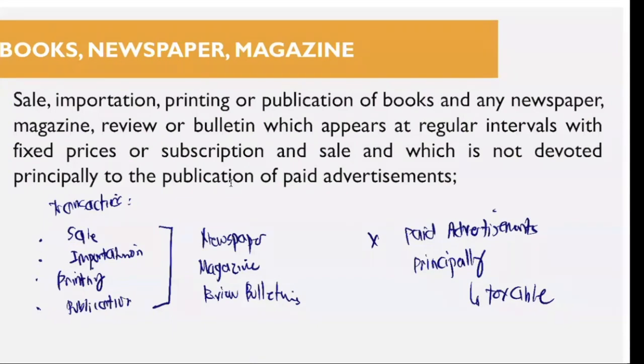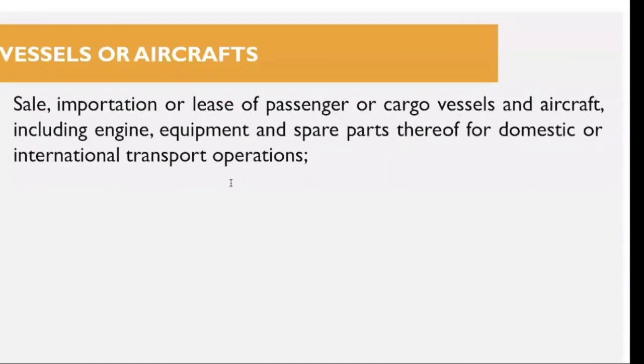Next, vessels or aircrafts. So sale, importation, or lease of passenger or cargo vessels and aircraft, including engine, equipment, and spare parts thereof for domestic or international transport operations. So what are the transactions that are exempt here? We have your sale, importation, and lease.